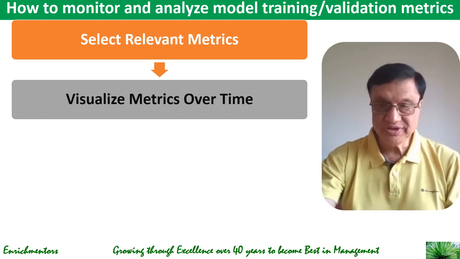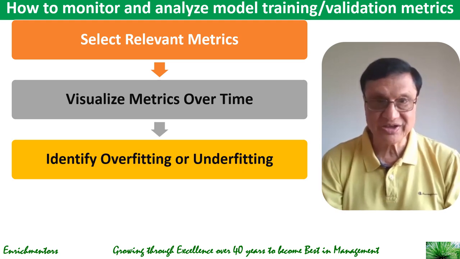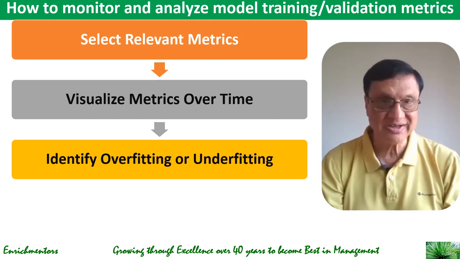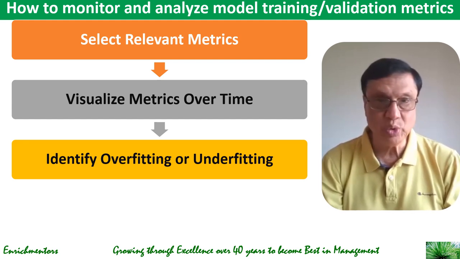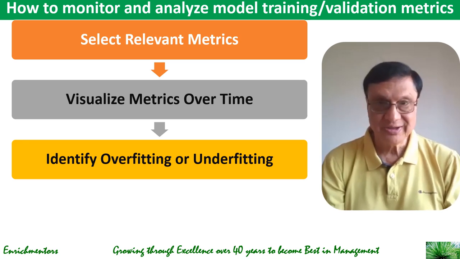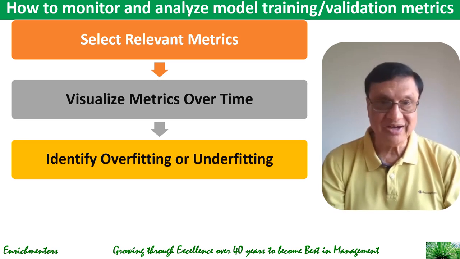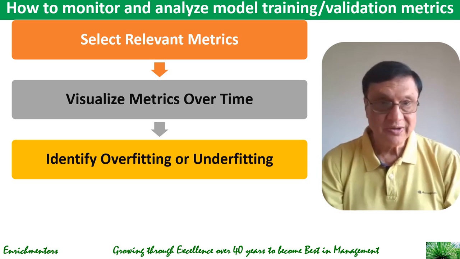Then you monitor the gaps between the training and validation metrics to detect signs of overfitting or underfitting, and identify such patterns. If the training error is significantly lower than the validation error, the model may be overfitting the training data. Conversely, if both training and validation errors are high, the model may be underfitting and failing to capture the underlying patterns of the data.